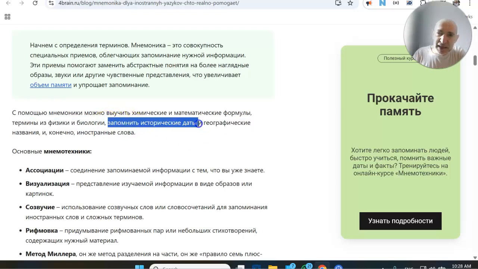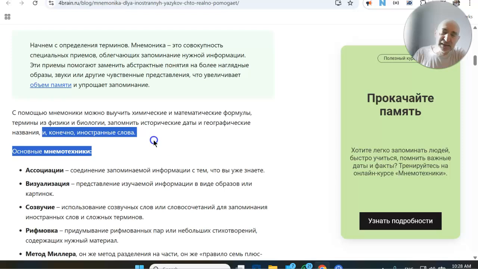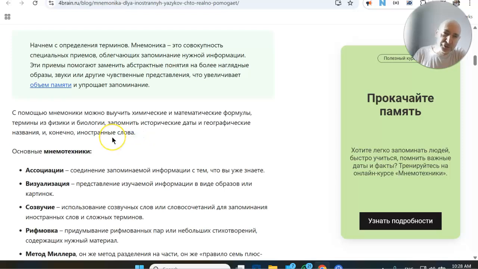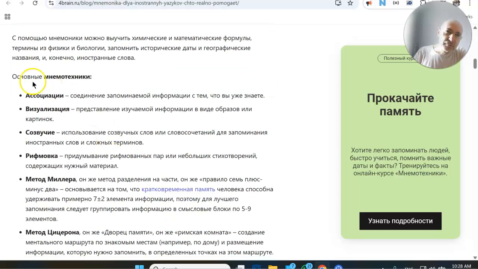Запомнить исторические даты, to remember historical dates. И географические названия, and geographical names. И, конечно, иностранные слова, and of course, foreign words. Okay, so that was quite easy.